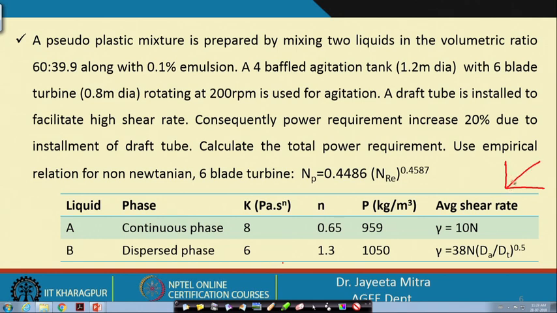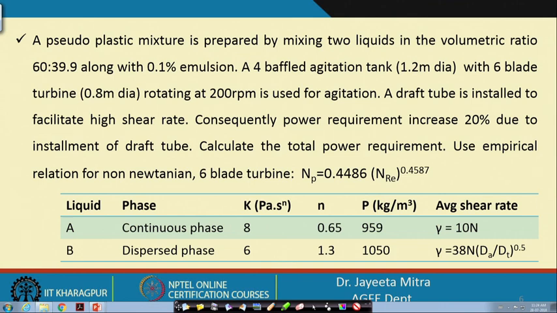So, if this is Newtonian, this is pseudoplastic where n is less than 1, so the flow behavior index is less than 1. The pseudoplastic mixture is prepared by mixing two liquids in the volumetric ratio of 60:39.9 along with 0.1% emulsion.